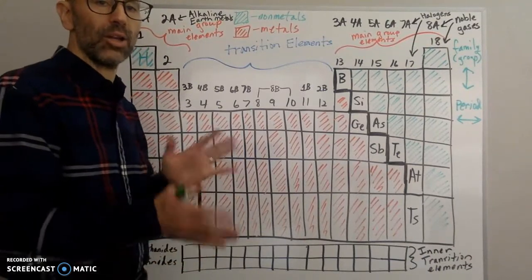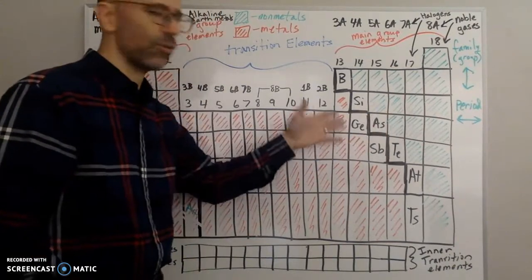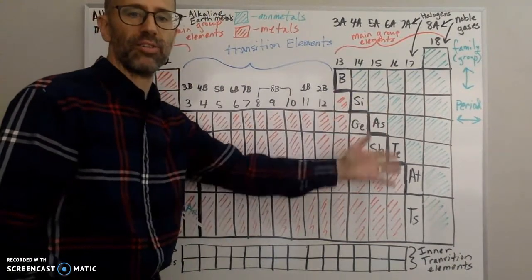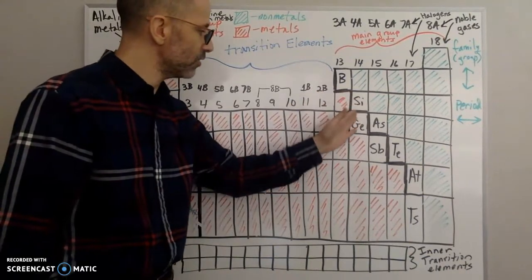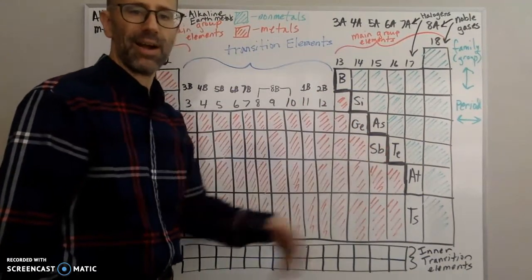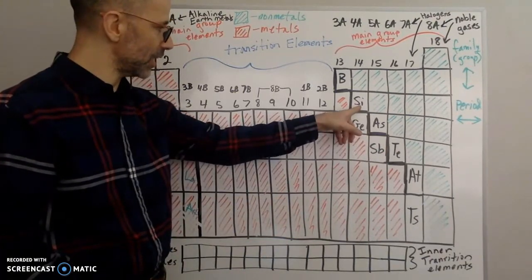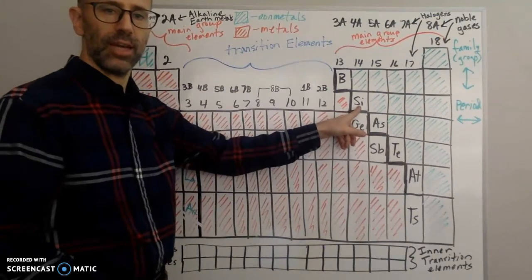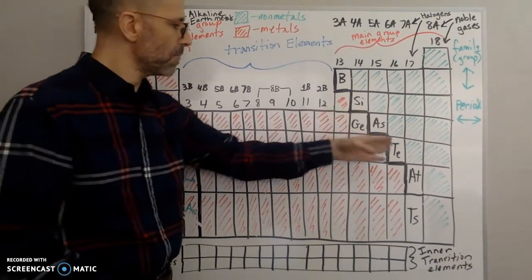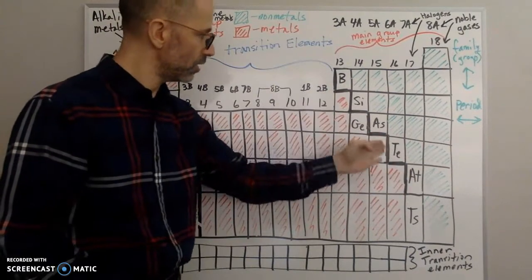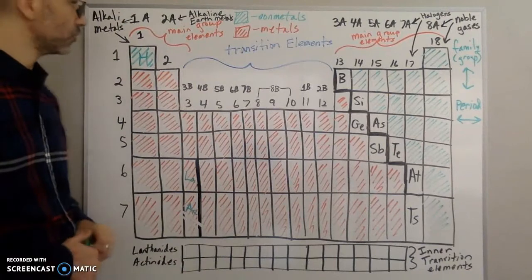So metalloids are between non-metals and metals. So these guys have properties of both metals and non-metals. And these guys, the metalloids, are where we get our semiconductors from, right? So you can see that silicon is a very famous and very popular semiconductor, so that's used, and it's a metalloid. So these are the metalloids. These are your non-metals. These are your metals.